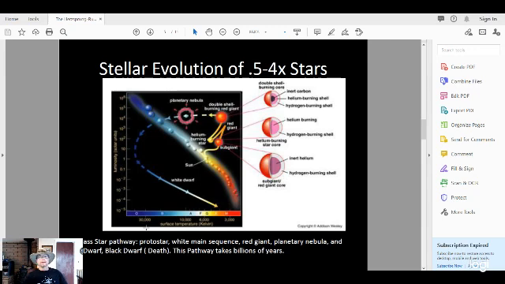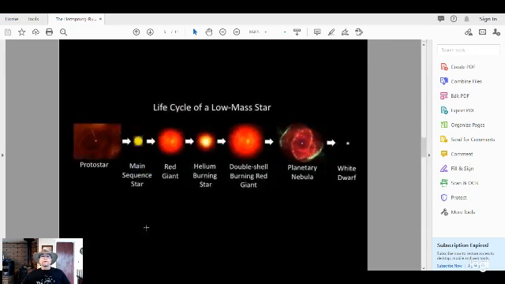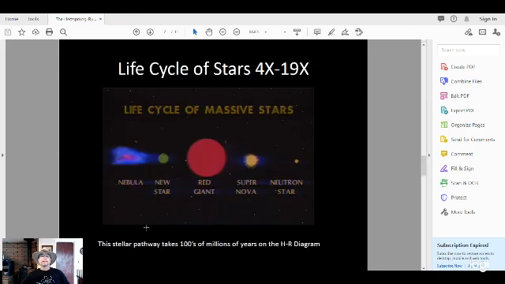So here's once again your low mass life cycle from protostar to white dwarf. Then you get a star, and this varies. I still teach 4x to 19x. There's some debate. Some astronomers think a 16 or 17x star's supernova can form a black hole.